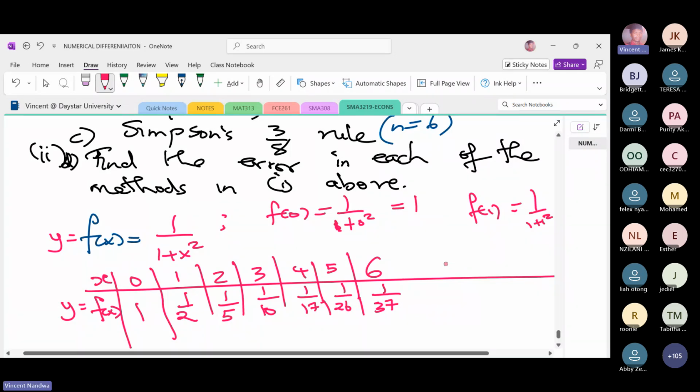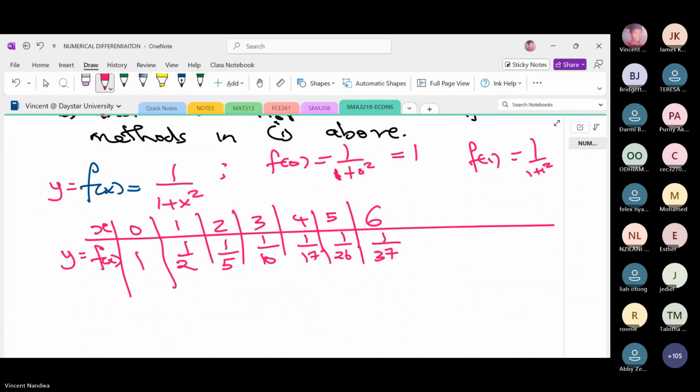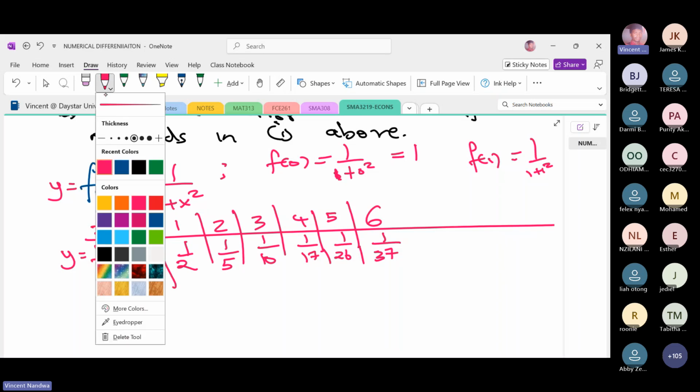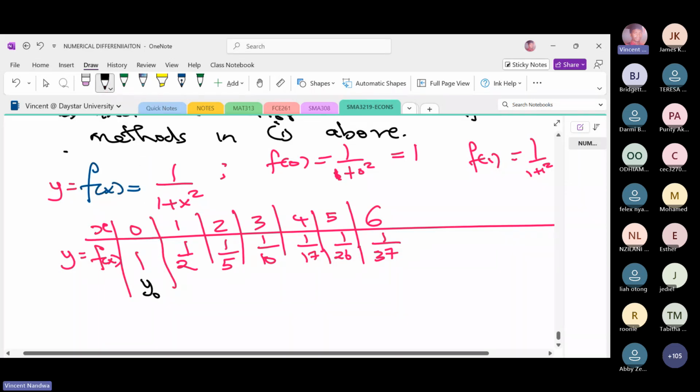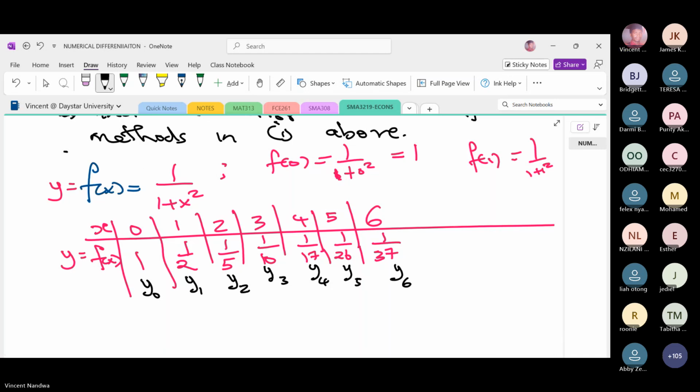So by default, this first number is what we call y naught. Some people can call it f naught. Then this is y1, or f1. This will be y2 or f2, y3, y4, y5, y6.